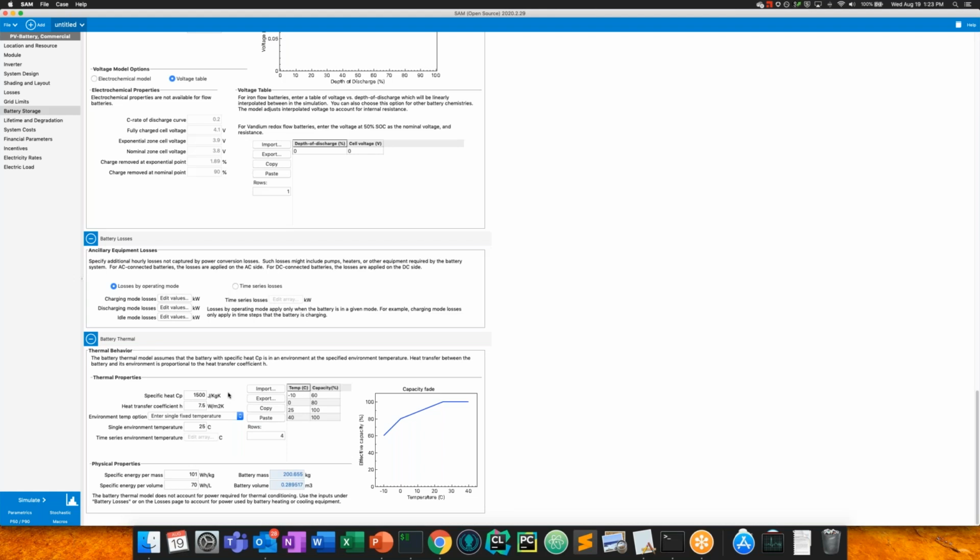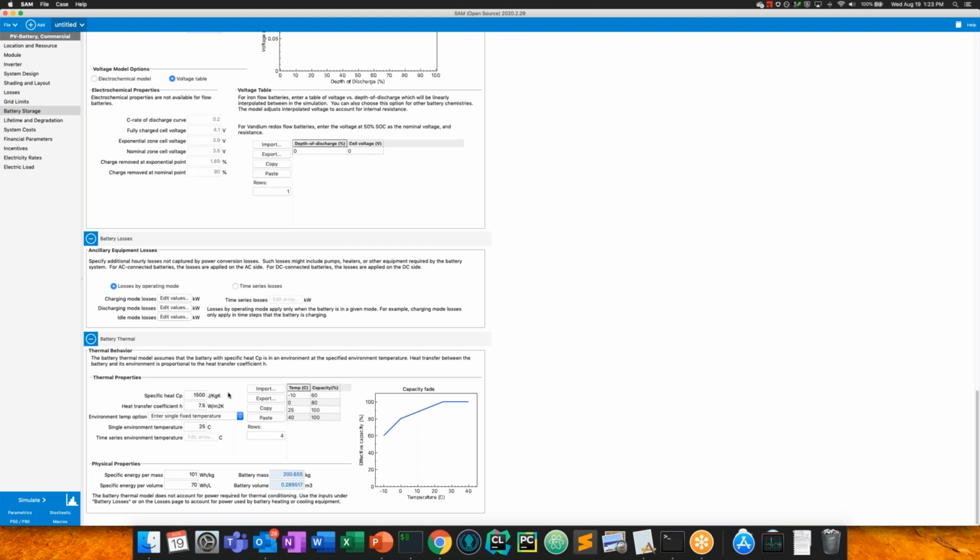For this NMC graphite battery, we have a 1500 joules per kilogram Kelvin value. This is 35% higher than the usual lithium ion 1000 joules per kilogram Kelvin.